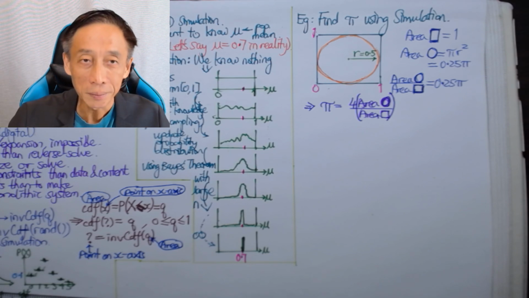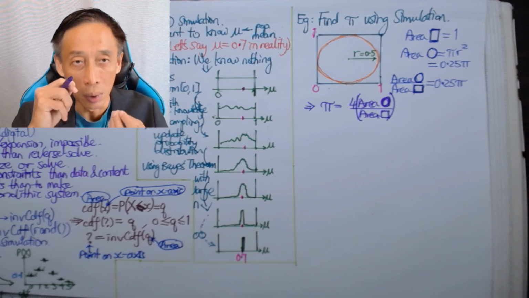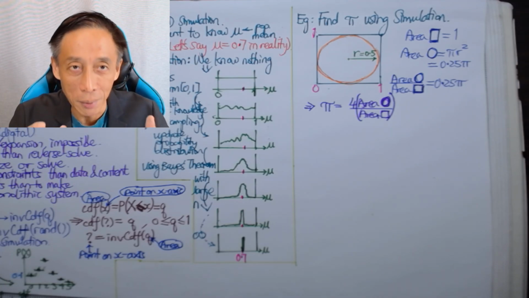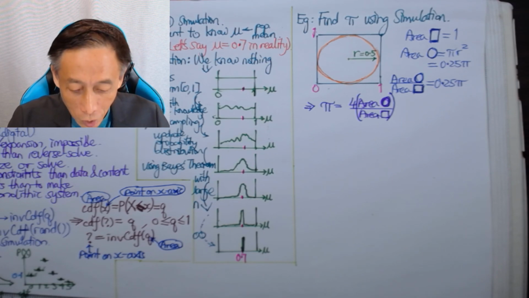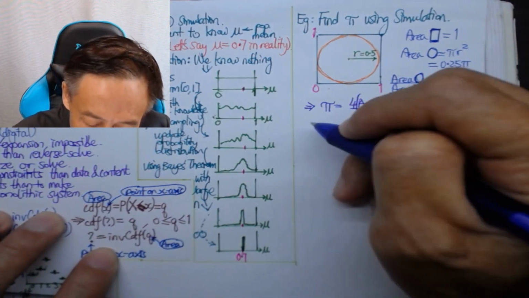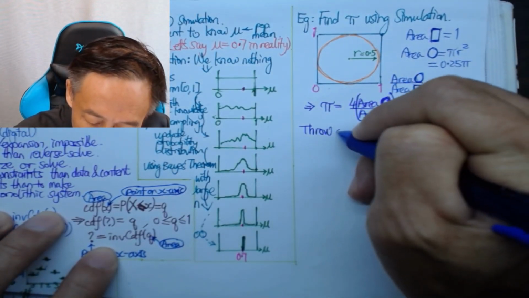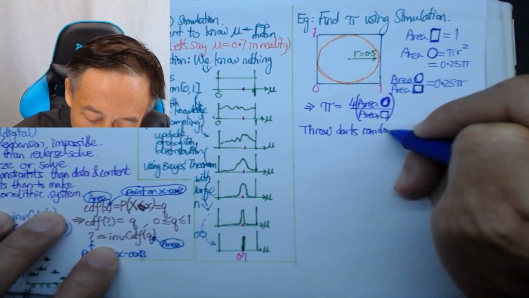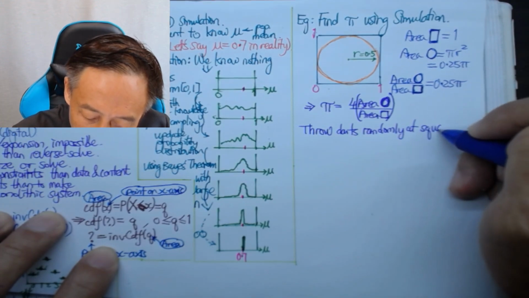Throw a dice between 0 to 1, and we take that number as our y coordinate. So the only governing limits will be the 0 to 1. And because we have no knowledge, we're going to throw darts randomly at the board.